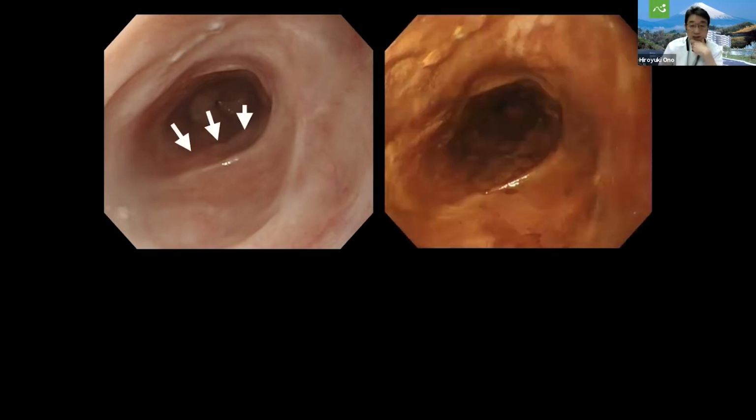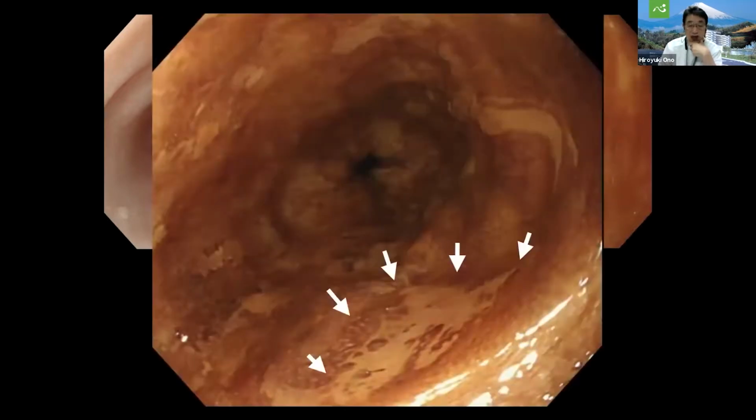So now you can see the endoscopic picture, and you can see the ESD scars, many ESD scars. And the cancer is here. The cancer is about 8 millimeters in size, a very tiny lesion. Usually such a lesion is very easy to do ESD.